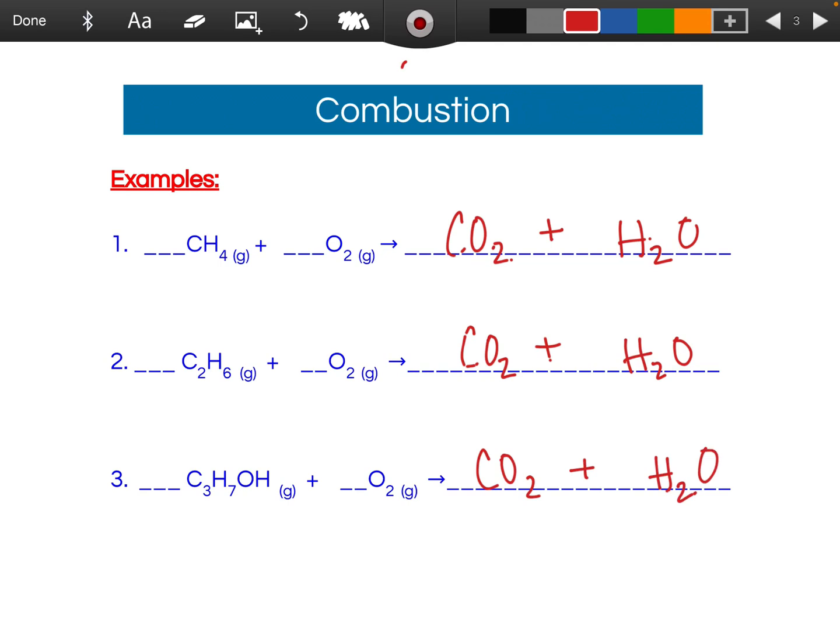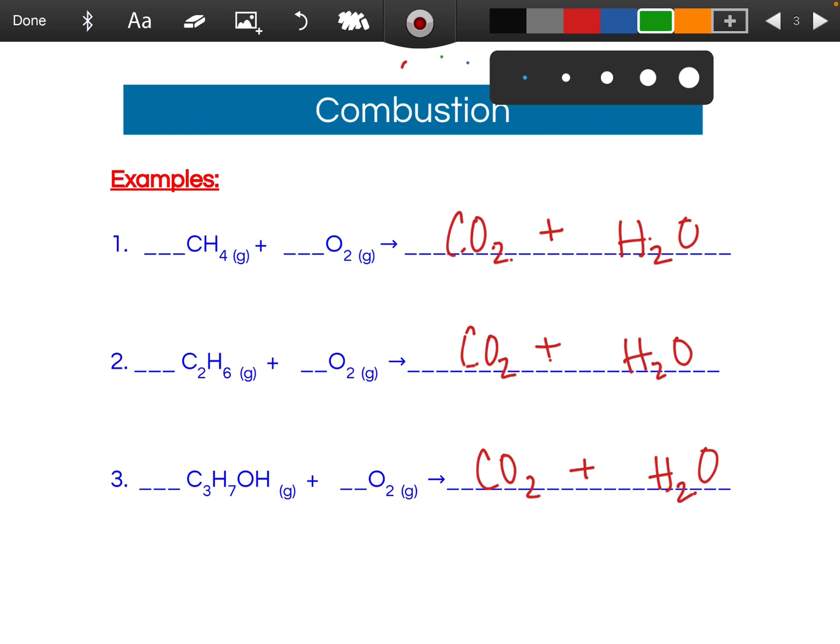One tricky part to remember is that sometimes people will get combustion reactions mixed up with single replacement because you have a single element and a compound. So you have to always look for that hydrocarbon. One of the reactants will be hydrogen and carbon, and then the other will of course be oxygen. That would be one thing to be aware of and pay attention to.